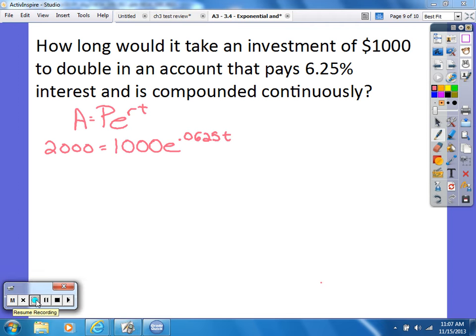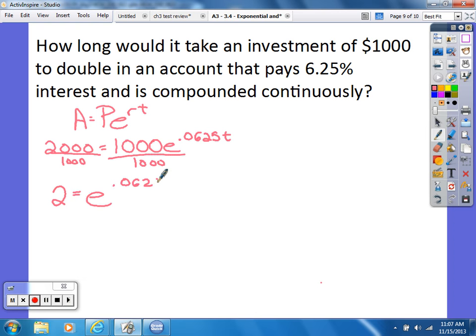So you divide by what? 1,000? So in order for it to double, I got the number 2 there. Huh. Wonder what number would get there if I wanted to quadruple. Yeah, that's always going to happen that way, by the way. 2 equals e to the 0.0625t.